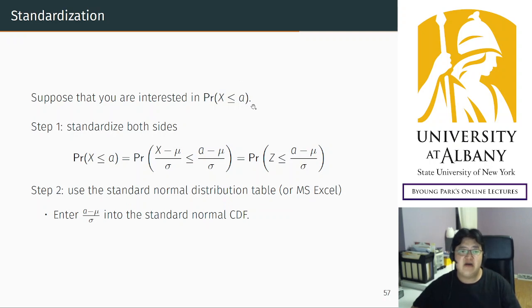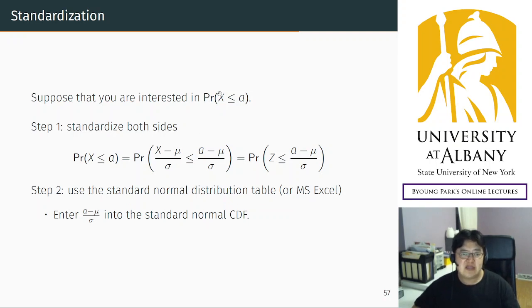If you are interested in the cumulative probability of a non-standard normal distribution x smaller than a certain value a, where a is given, like say 100, any given number, probability is smaller than a. Then how can you transform this into a standard normal distribution?